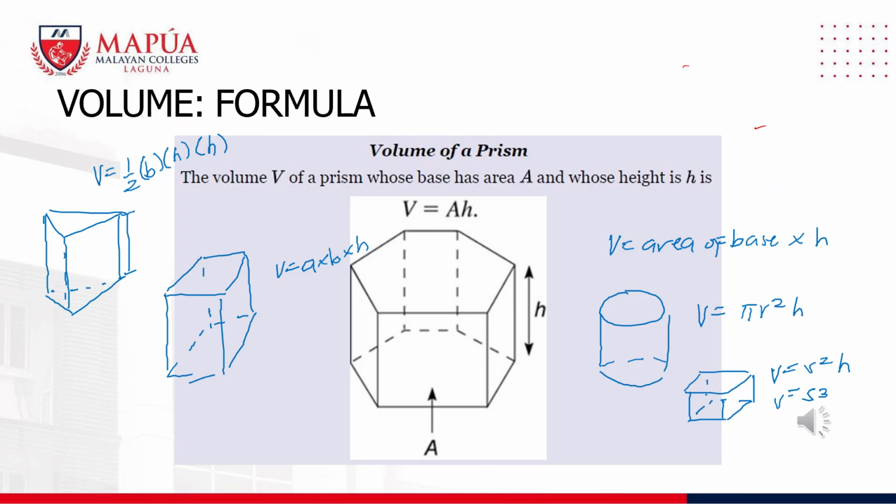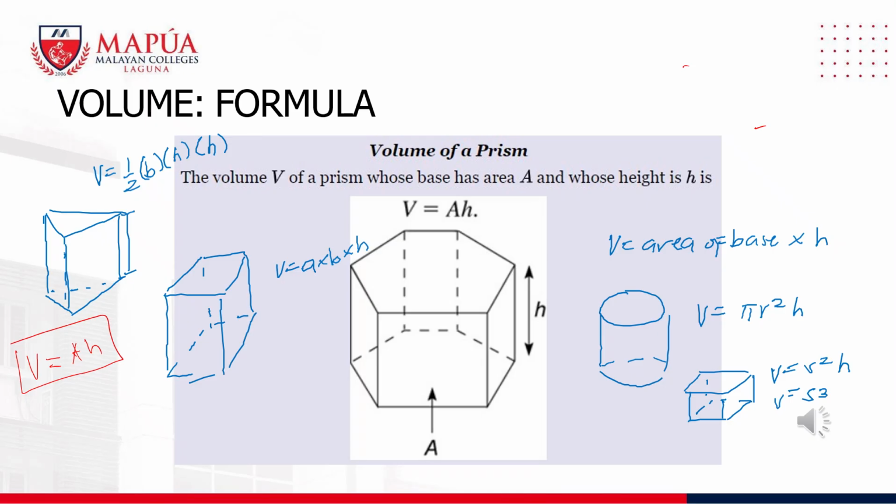If you look at this, class, this is a triangular prism, right? The volume here is simply the area times the height. This is the general formula for the volume.